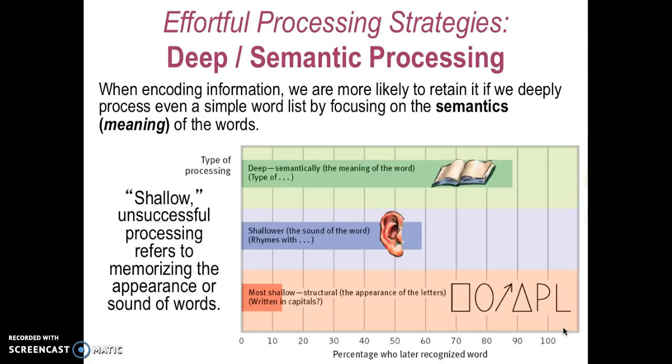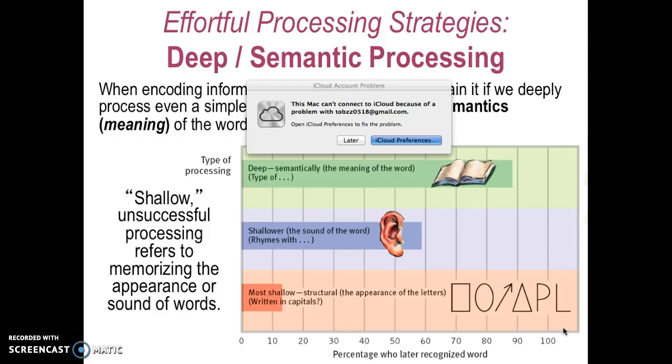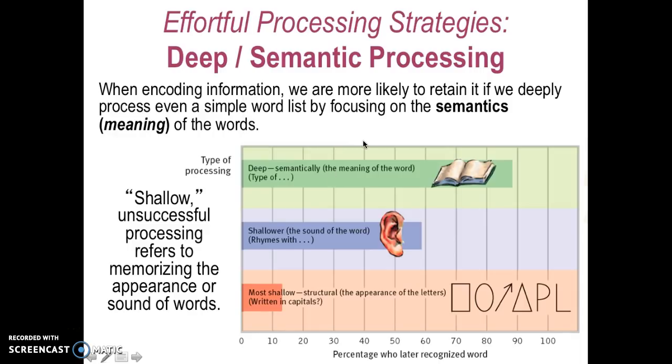Shallower is when you're just listening to it, though. So it's just the sound of the word. So if something is being read aloud to you, okay, that's shallow processing. And then the most shallow is when you're just looking at the words itself and you're not really processing anything. You're just memorizing the appearance of the words. So if you're just memorizing the vocabulary list.